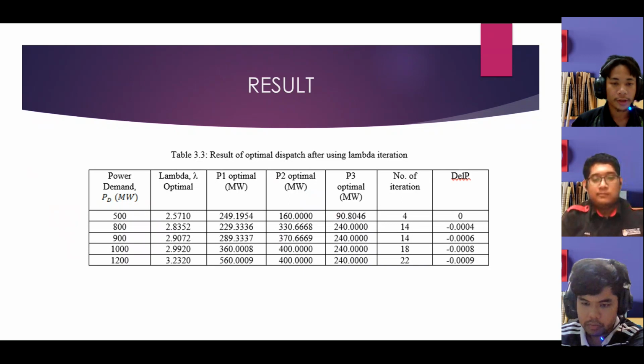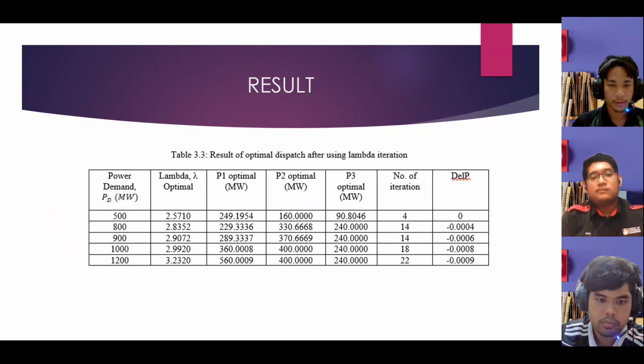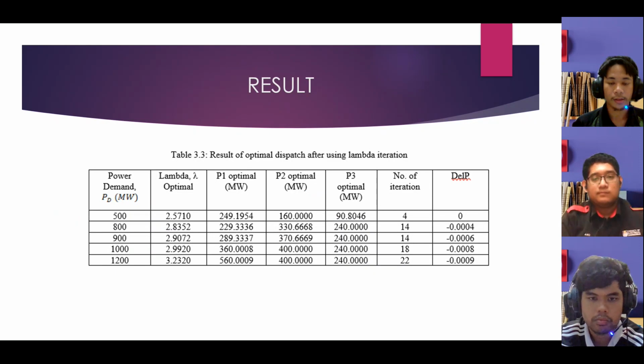For table 3.3, the result is the optimal dispatch after using the lambda iteration. The number of iterations in lambda iteration depends on the error of the delta P, which is 0.001.